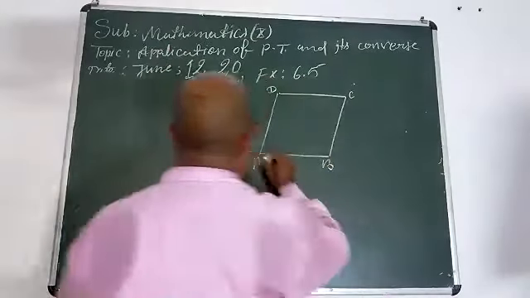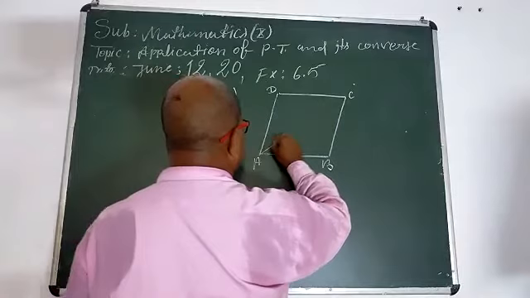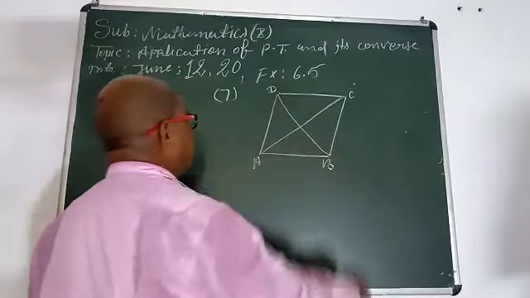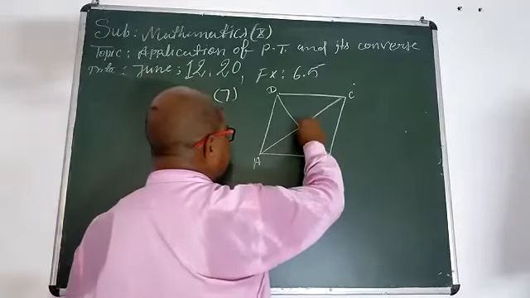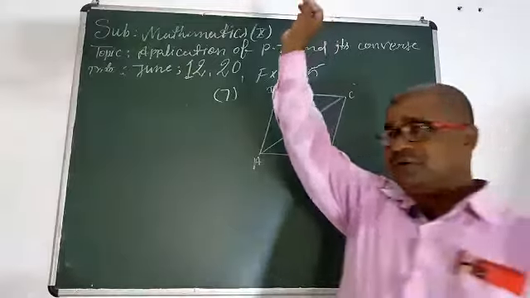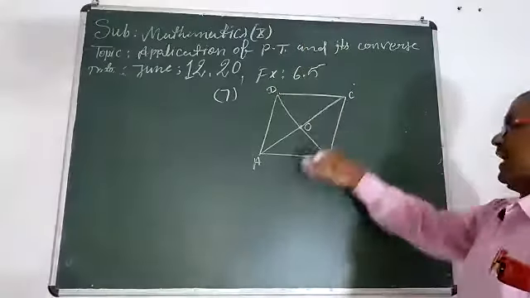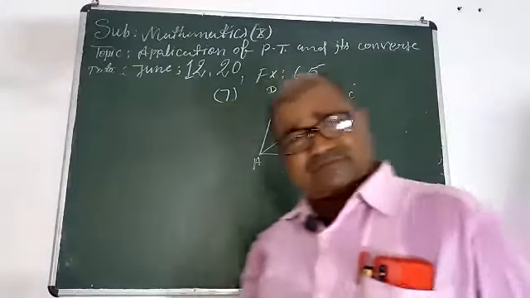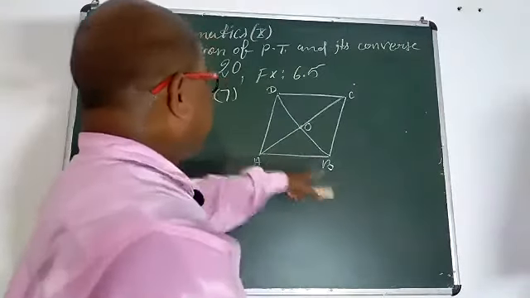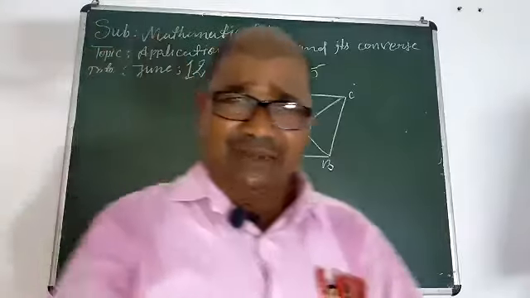ABCD is a rhombus. AC is its diagonal. BD is its diagonal. They are intersecting each other at a point O. ABCD is a rhombus, and AC and BD are its diagonals.